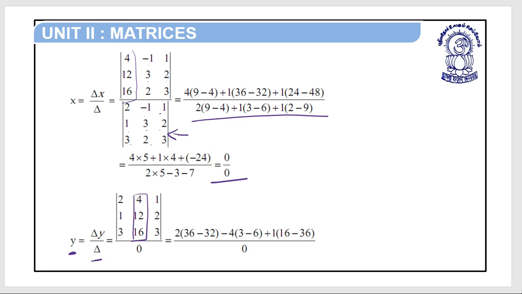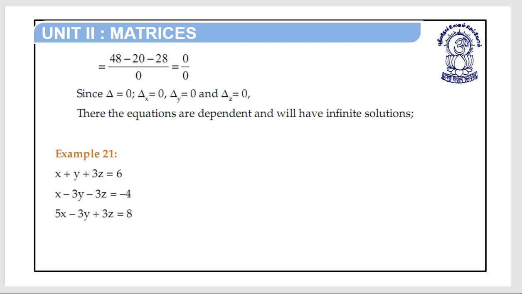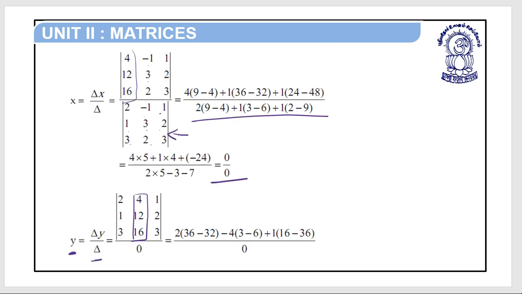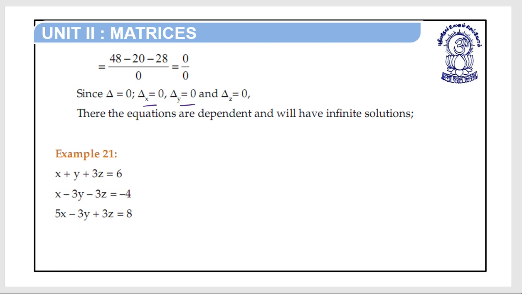We know that delta is 0. So 0 by 0. So delta x 0, delta y 0 and also delta z 0. Therefore the equations are dependent and will have infinite solutions.